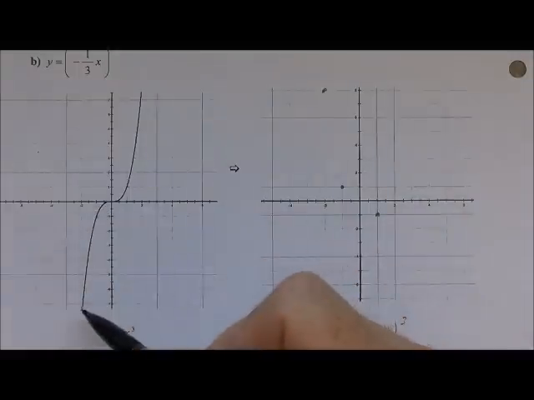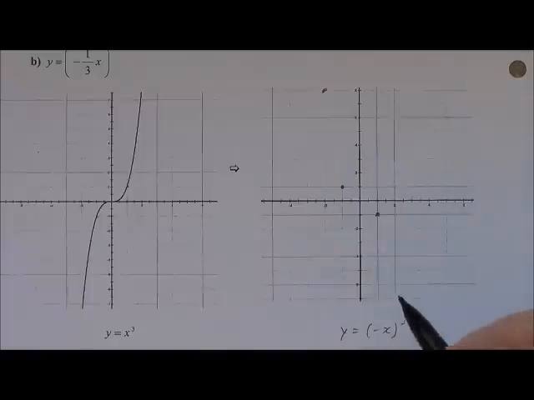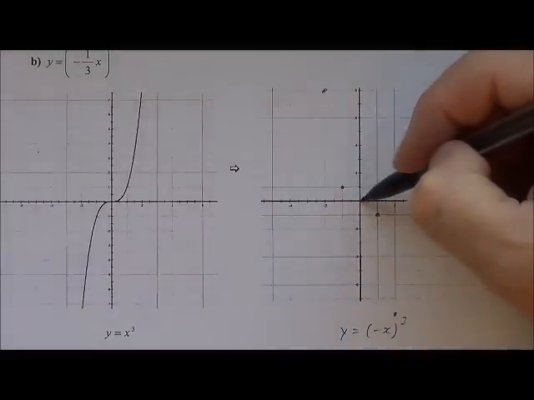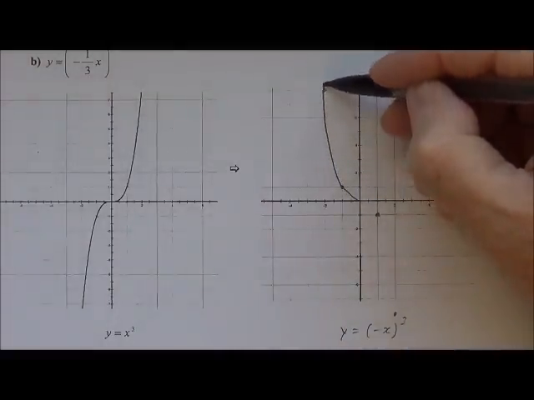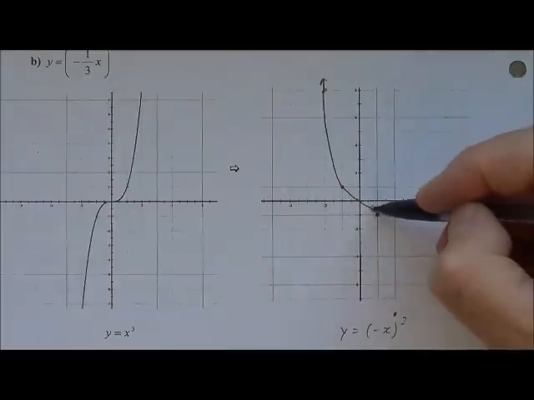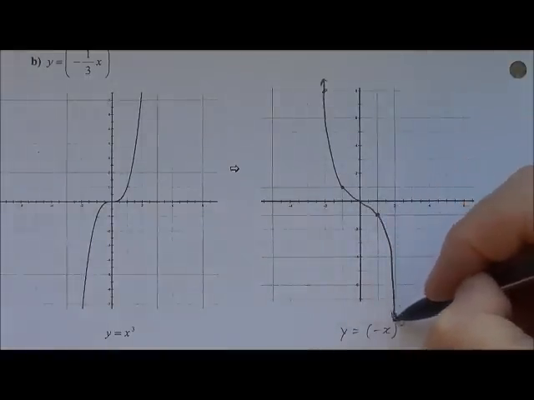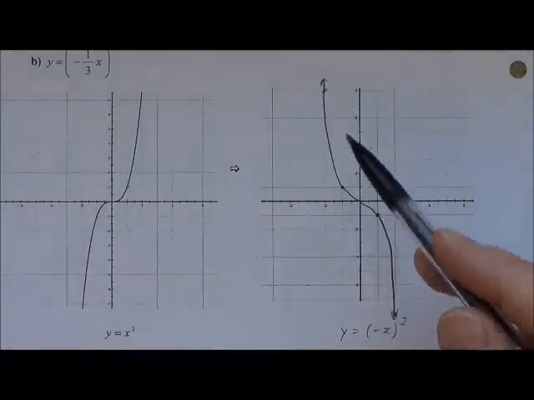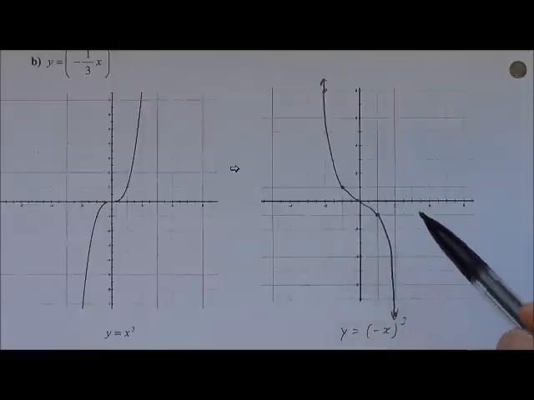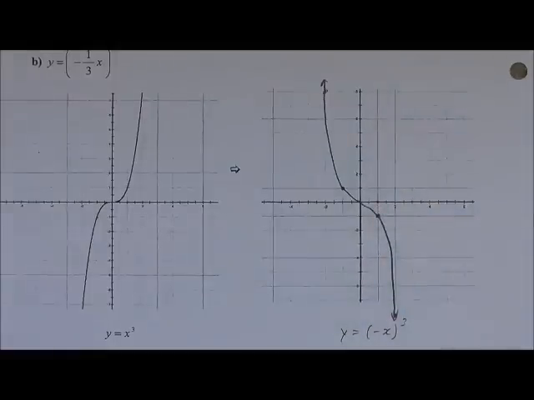And then of course the point at negative 2, -8 goes to 2, -8. And that point is going to be difficult to find here. Okay, so that's the first part of the transformation where it's reflected in the y-axis.